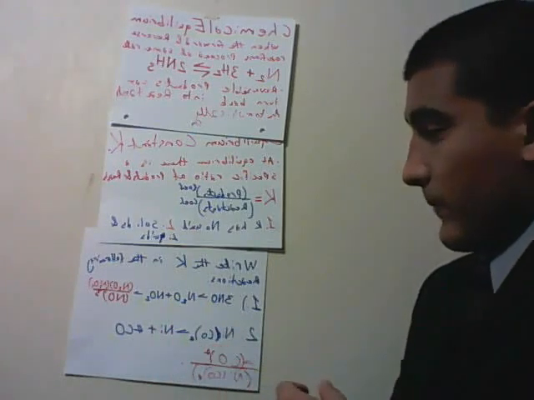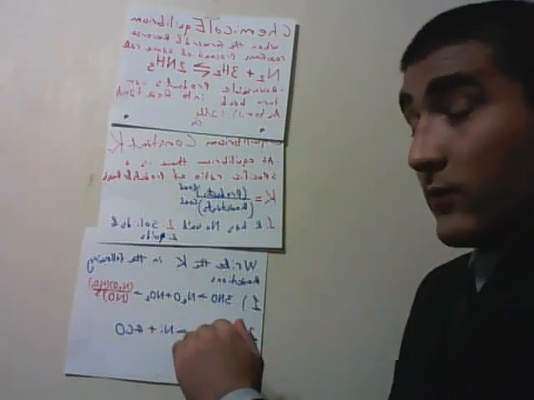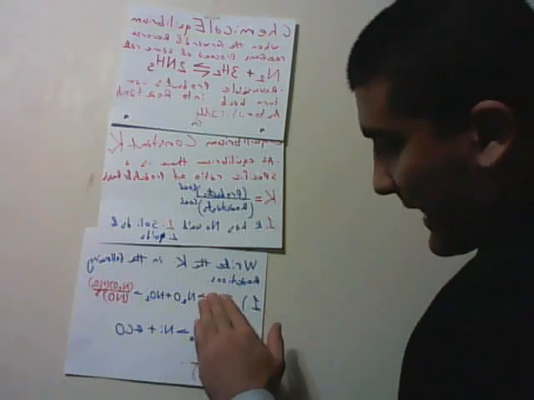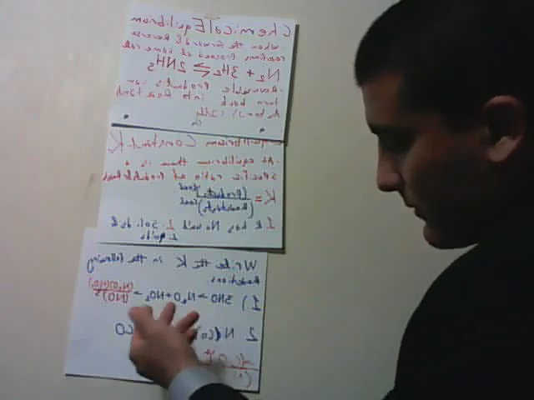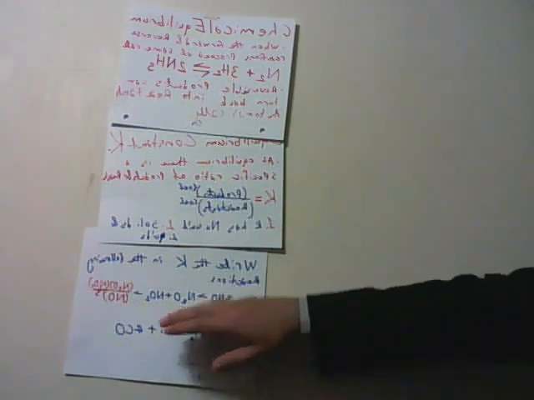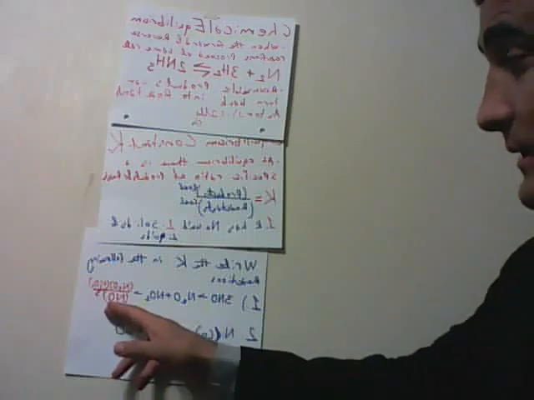Okay, so when this happens, if you want to find K, this is what you do: the reactants go at the bottom, the products go at the top. So you're going to get 2 units at the top divided by 2 units, 1 unit at the bottom. Like I said earlier, the coefficient matters.